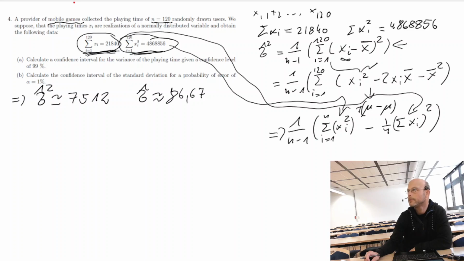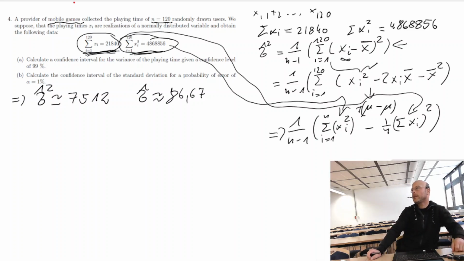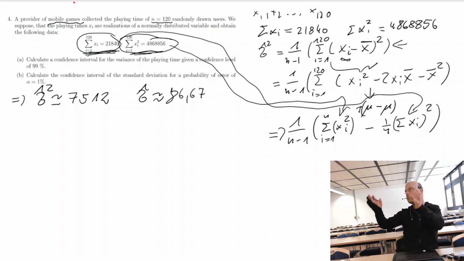But now comes the interesting part of this exercise. Calculate a confidence interval for the variance of the playing time given a confidence level of 99%. This is a bit different to the case of calculating confidence intervals for the mean, since for the mean we always have a symmetric distribution.